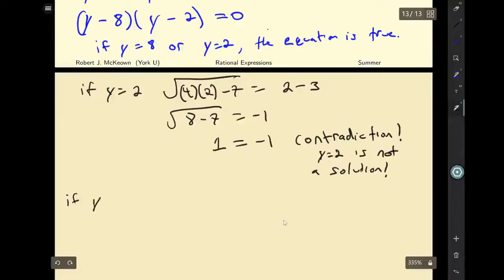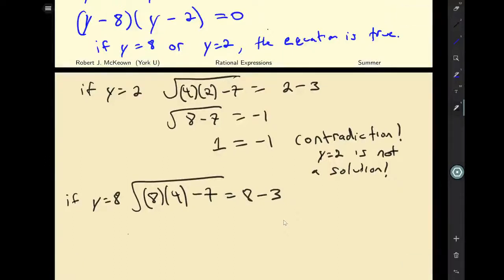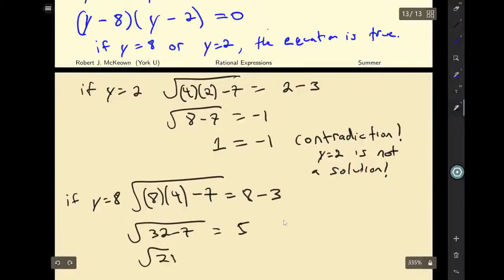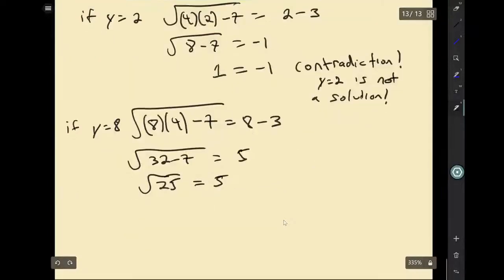How about if y is equal to 8? If y is equal to 8, the square root of 4 times 8 minus 7 is equal to 8 minus 3. We've got 32 minus 7, which is 25, and the square root of 25 is equal to 5, and 5 equals 5.